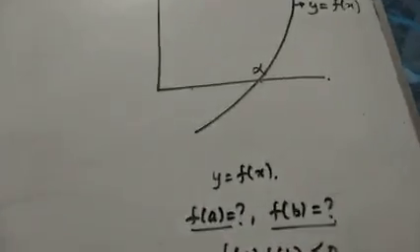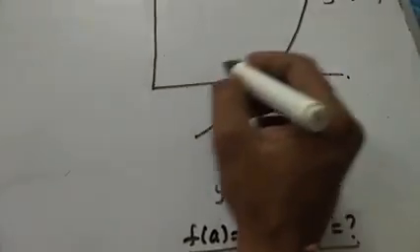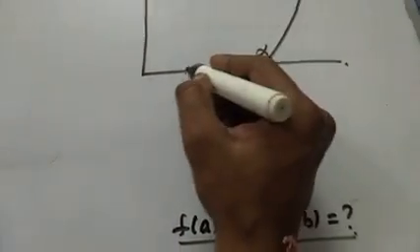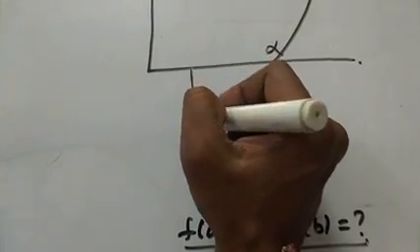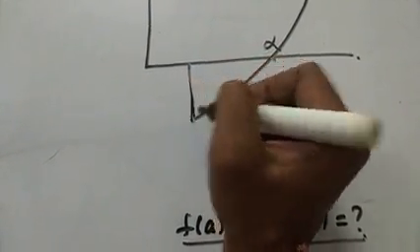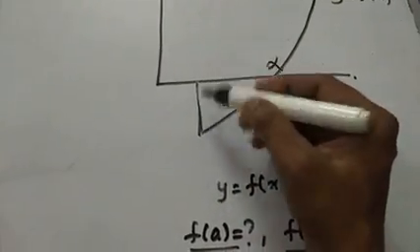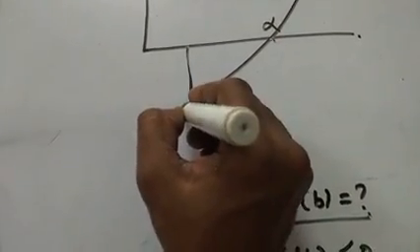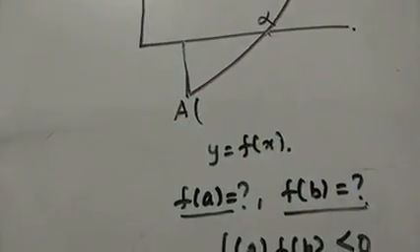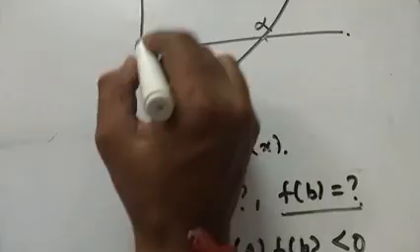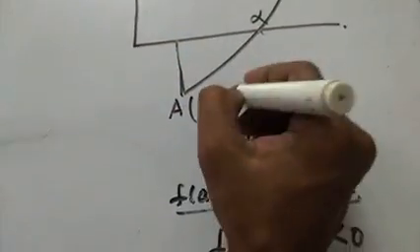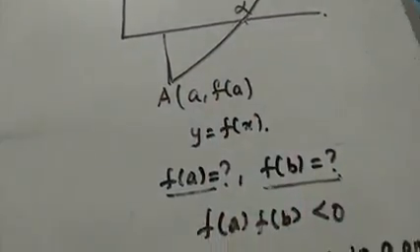So for that, first of all we have to find f of a and f of b. Here we find a point a for which the function value is negative. That's why we are drawing the line downwards to the x-axis. The coordinate of point A is a on the x-axis and the function value f of a.